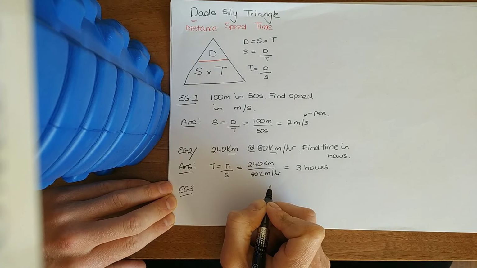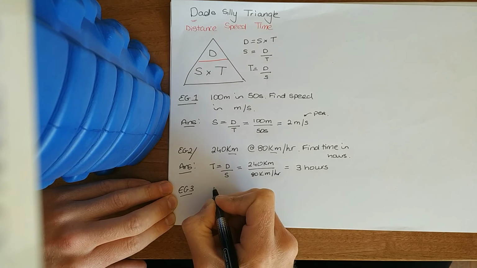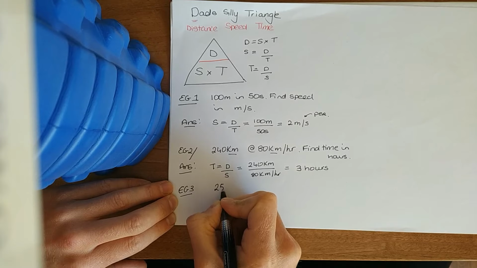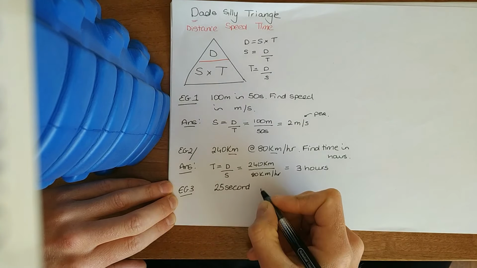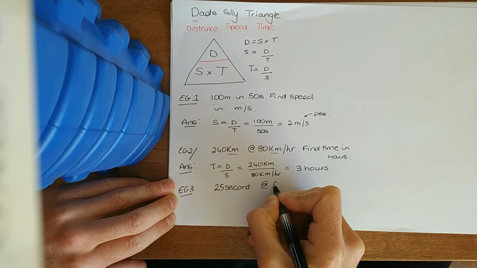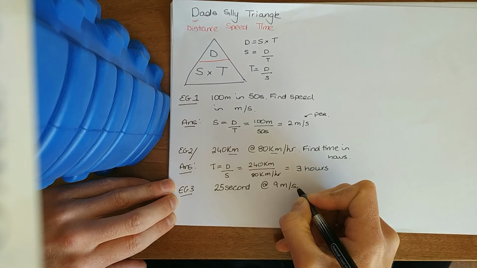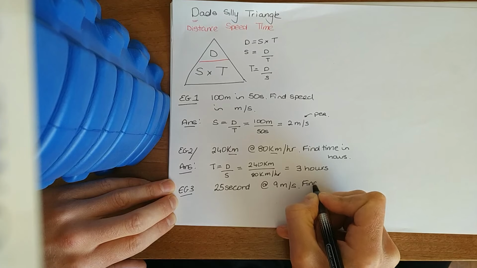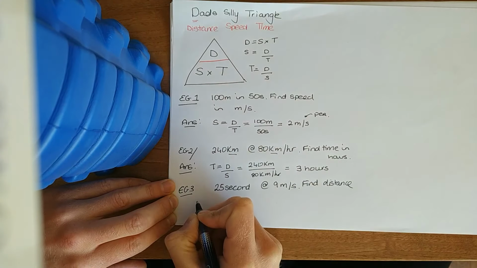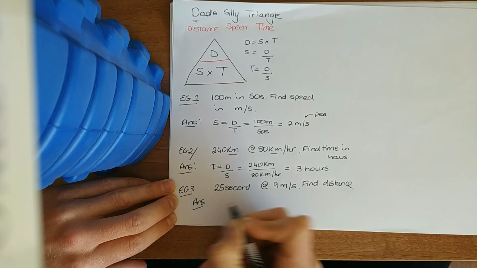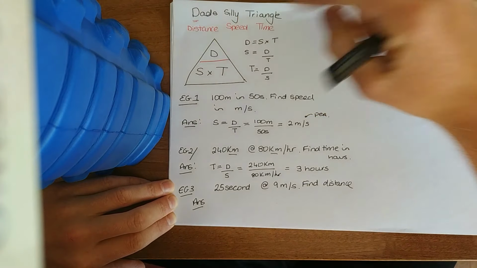Another example: an athlete runs for 25 seconds. Now that obviously stands for time, so we have that, at a speed of 9 meters per second. Find the distance, or find how far. So find the distance. D stands for distance.